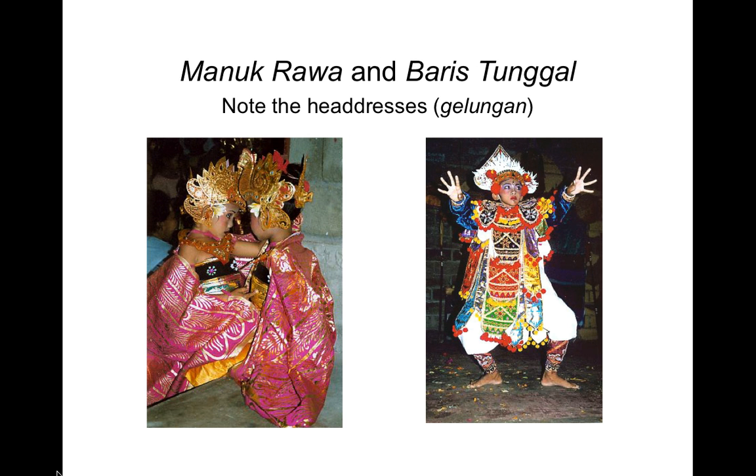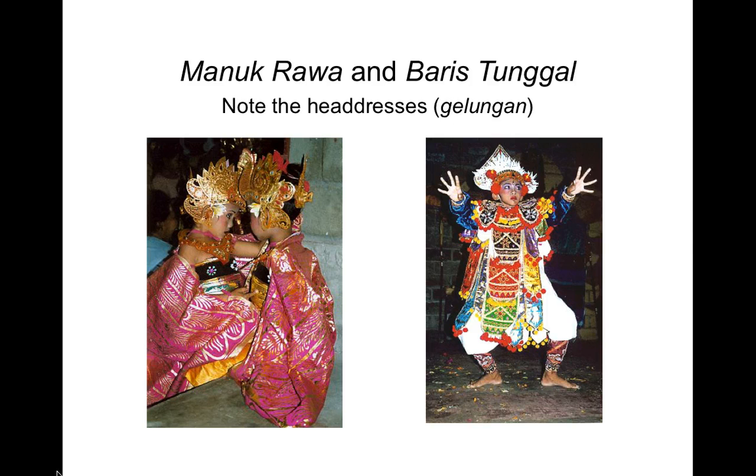And then here are two examples of headdresses worn by particular performers. The two girls on the left-hand side of the screen are wearing costumes for a dance called Manukrawa. In this performance, the dancers depict the movements of a water bird. And the pink cape is raised, and the way that it's moved in the performance looks as if the dancers are flying like birds.